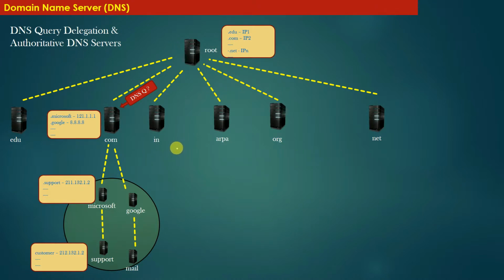Now let us try to understand the same concept of query delegation, but in terms of DNS systems. A DNS server delegates all DNS queries for its subdomain to its child DNS server.